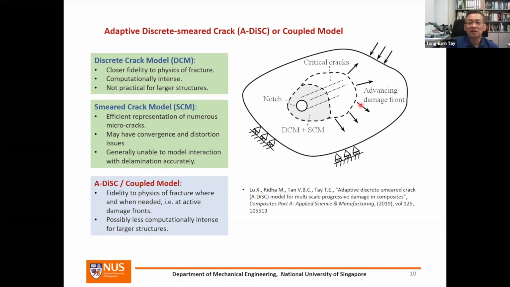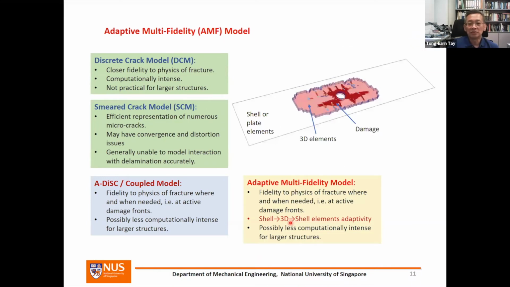That is at the active damage sites, and where the damage is not propagating or is inactive, then we can leave it as a smeared crack model with a reduced stiffness matrix. So this is possibly less compute intensive, and we published this work, and I would like to show you some results later on.